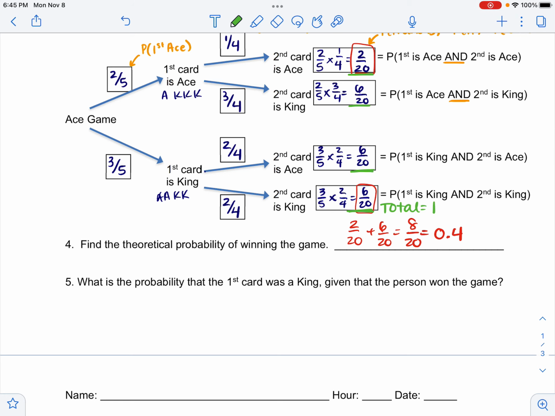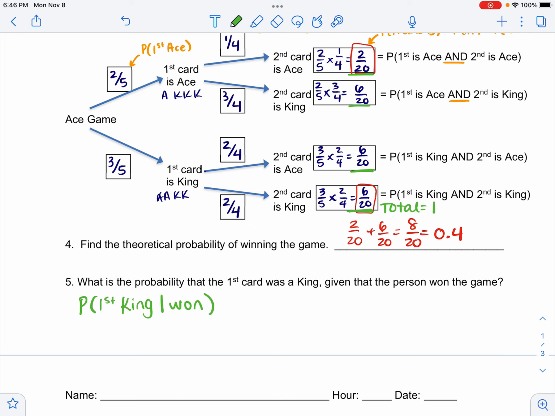All right, question 5 here says, what is the probability that the first card was a king given that the person won the game? So this is a little bit backwards than how we've been thinking about it. I am looking for the probability that the first card was a king given I know the person won.